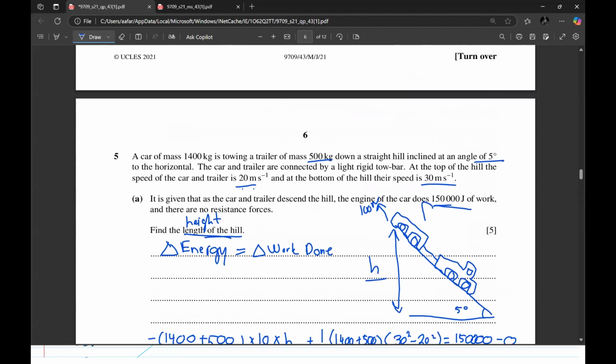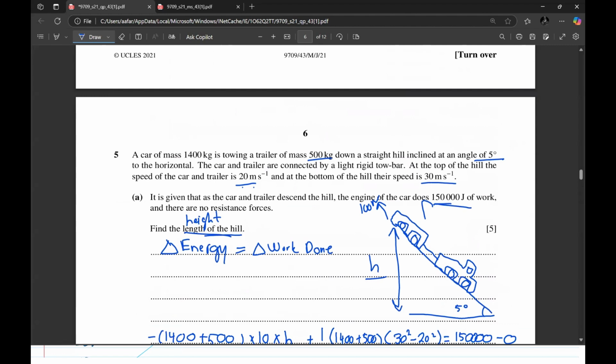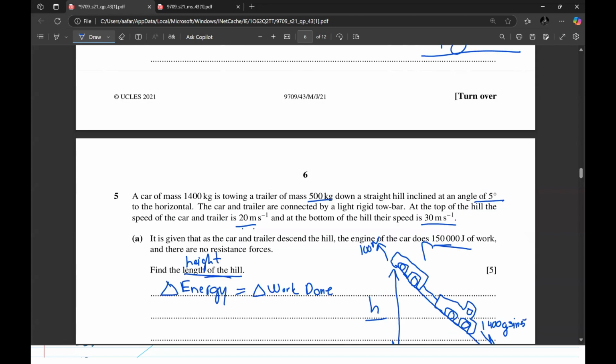So now let's see what other forces we have. We have the component of weight of this car, which is 1400 g sine theta, sine phi.